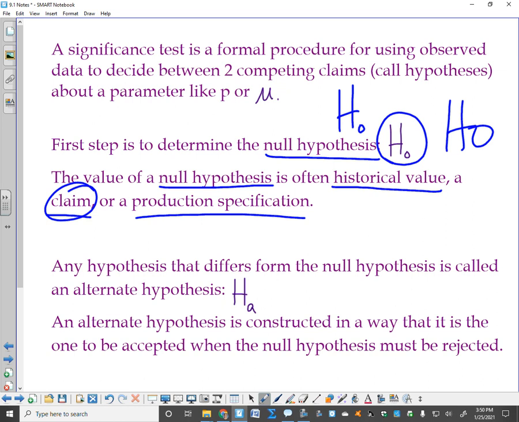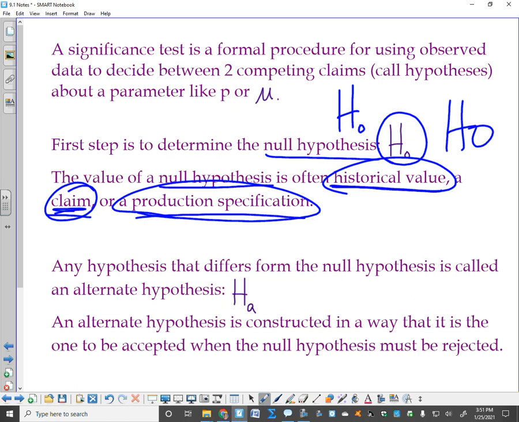I just bought a new iPad and they say that I should be able to download 5,000 songs. Product specification. Or claim. That could be either one. In the past, students in AP statistics average out to be about a 91, a historical value. That's where the bar is set. So all of that is the bar.